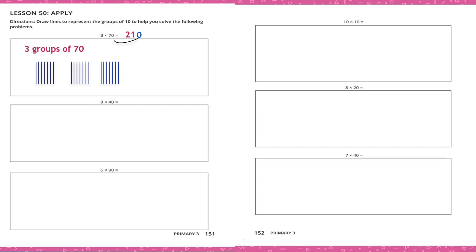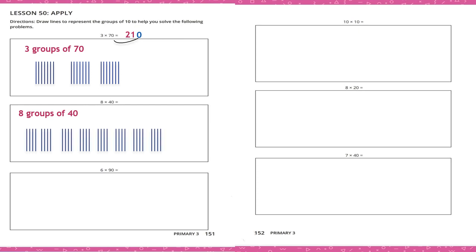The next one, 8 times 40. It's like 8 groups of 40. I can represent them by 8 groups, each group containing 4 sticks, 40. 4 sticks, 40, and so on.